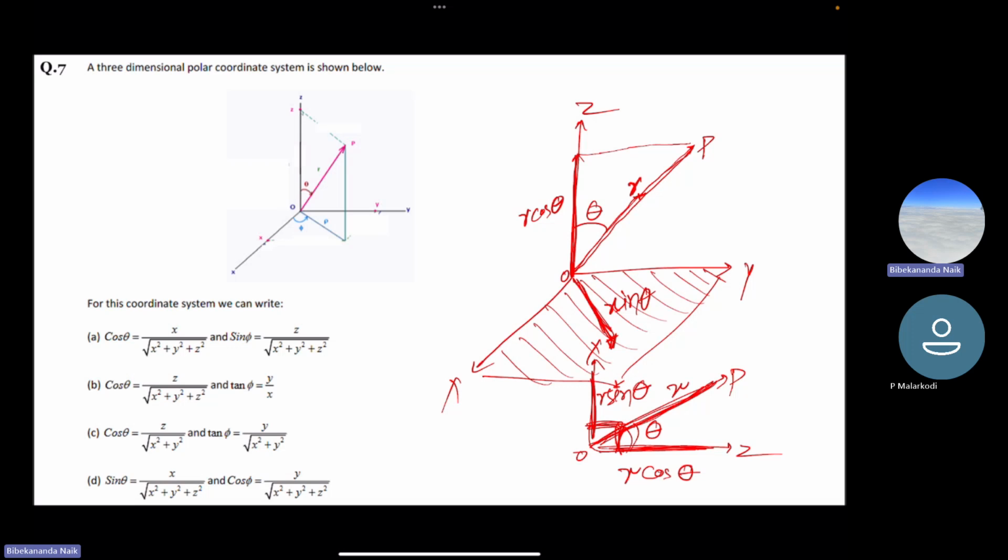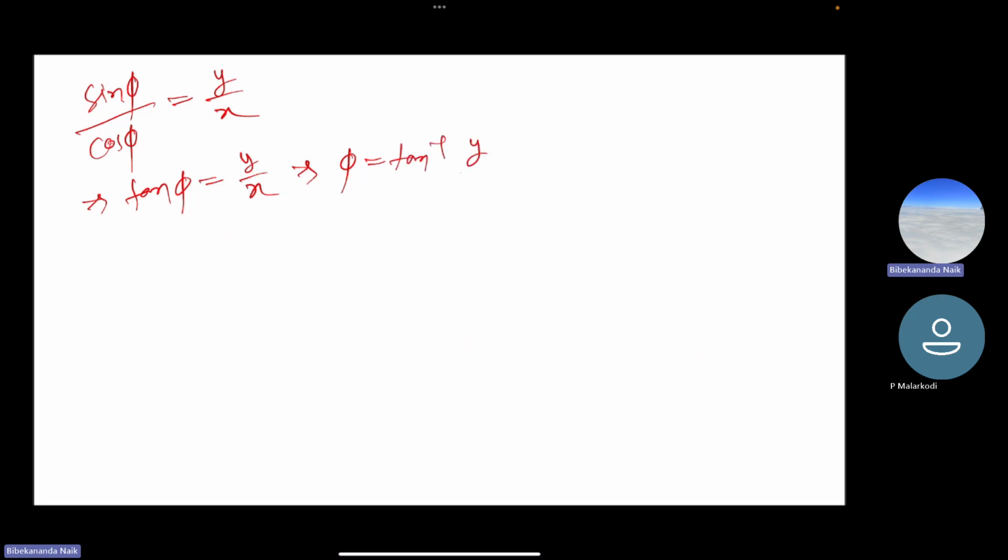Sin phi by cos phi will be y by x. So tan phi is y by x, or phi is tan inverse y by x.